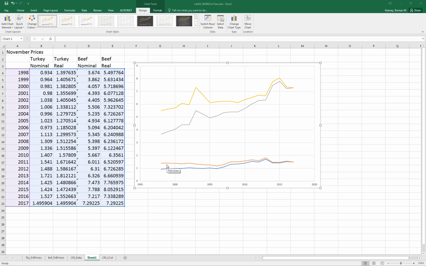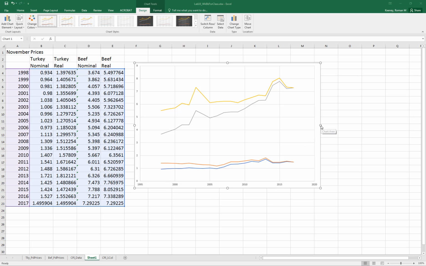You can see that in the commentary in Professor Lusk's blog post, he talks about turkey prices being very stable. Well, that shows up really well, right, compared to these beef prices, which have some volatility and have also been increasing relative to turkey prices over time. So you can do any of that stuff you want to.